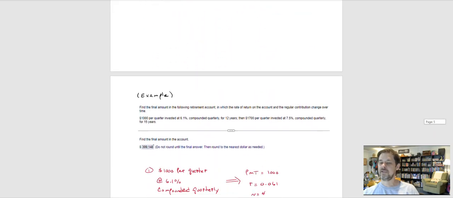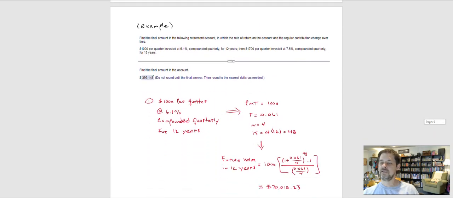Now let's look at one that involves a little more thinking about what's happening. Okay, so in this one, over the period of 27 years, I have 2 annuities in sequence. It says that for the first 12 years, I'm going to pay $1,000 per quarter at 6.1% compounded quarterly.